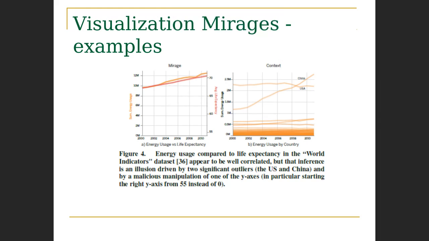Here is another example about these mirages. They were looking at energy usage versus life expectancy. So life expectancy, this is the year, and the energy usage versus life expectancy. You can see energy usage is going to be this color.